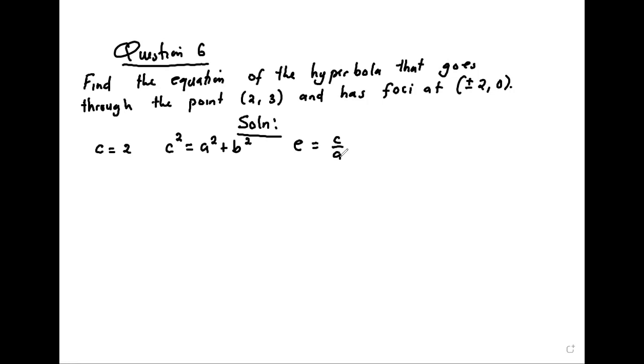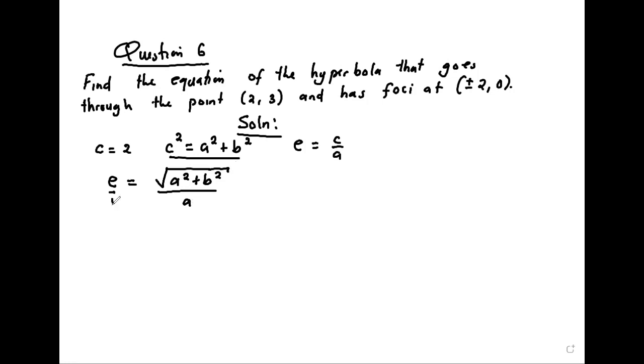Now, since the eccentricity is given by c over a, we can as well get the eccentricity by bringing in the actual c. Since c is the square root of a squared plus b squared, e is the square root of a squared plus b squared over a.